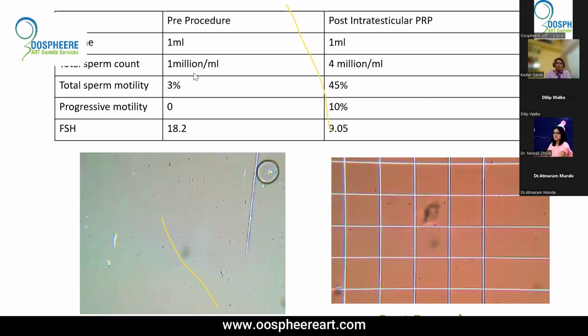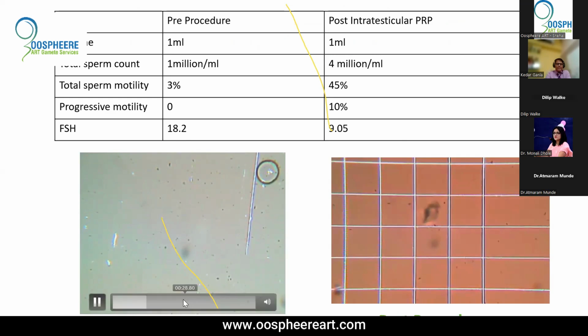This is one of our own papers where pre-procedure, in secondary male infertility, the count was only 1 million, and this is the pre-PRP count with FSH of 18. You see, there are hardly any sperms in this field. This was done at least 4 to 5 times. You could see only one sperm here.